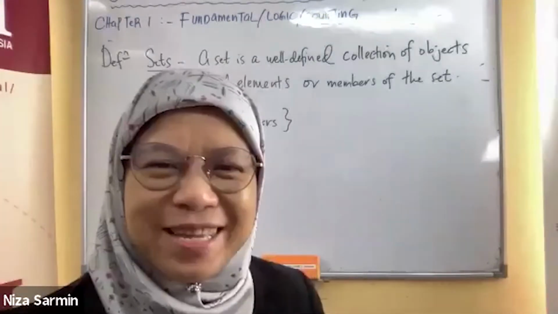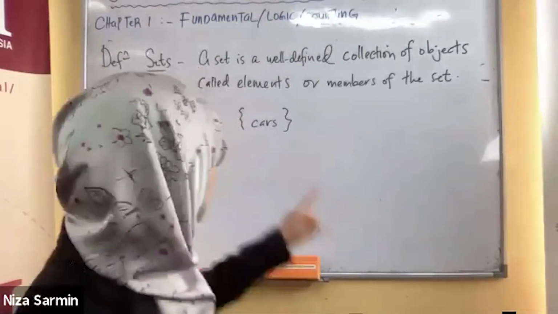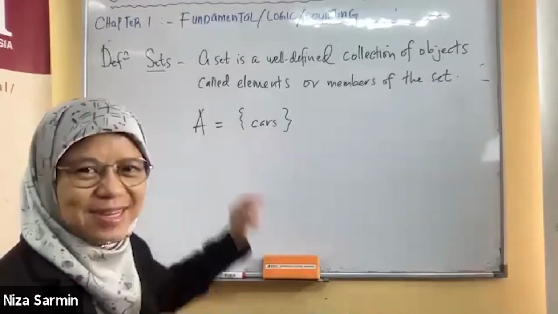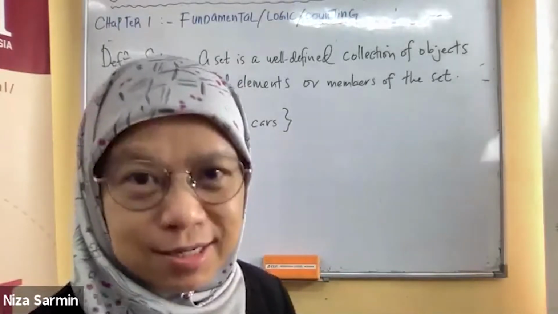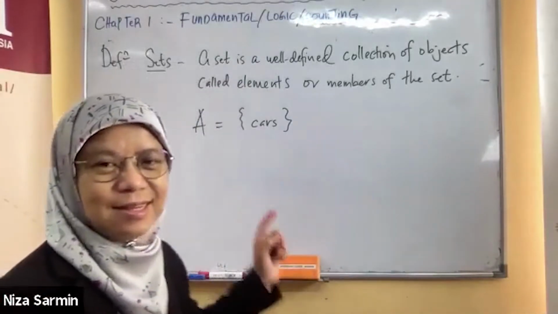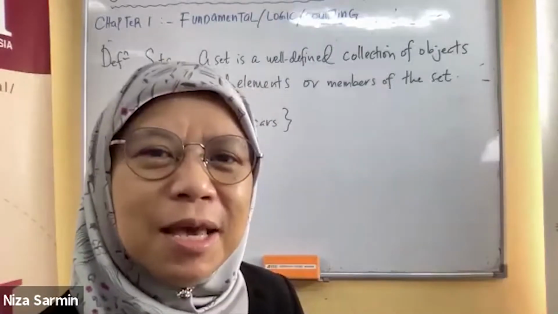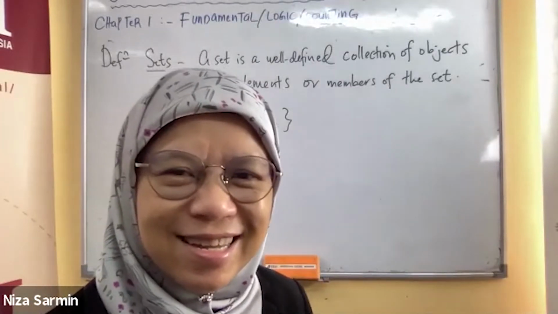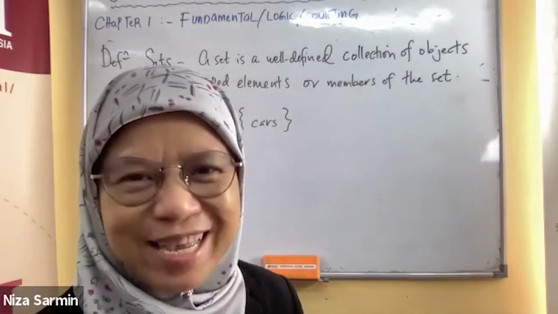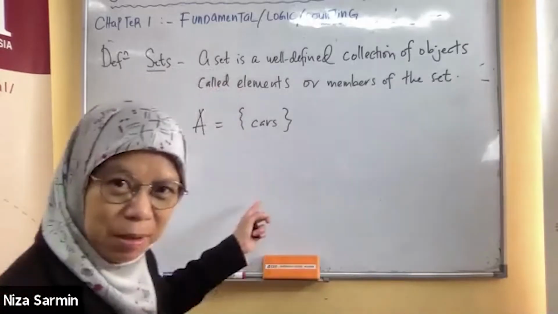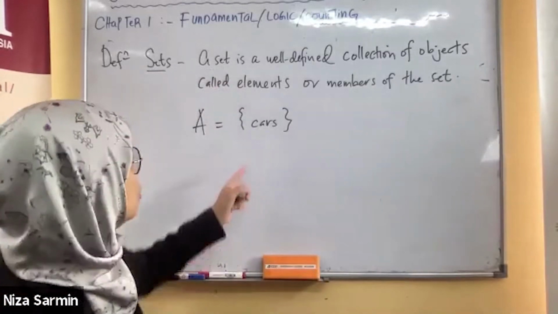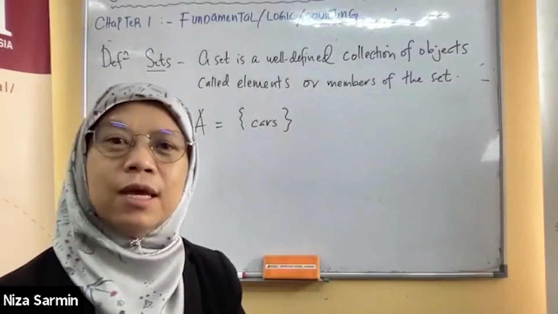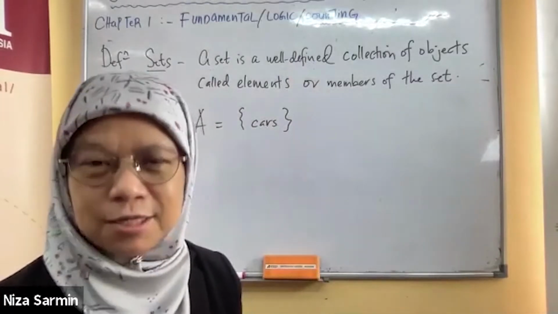Persona. Proton. Is it a member of this? Yes. What about Yamaha? I think Yamaha is a motorcycle, right? So it is not a member of this. So you can know it's well defined. Whatever is well defined, whether it is a member or not a member, is a set.